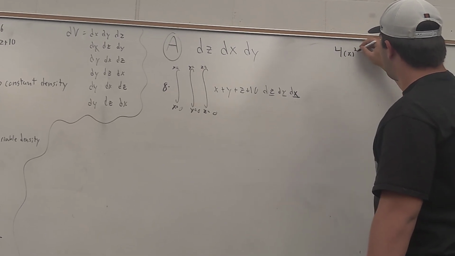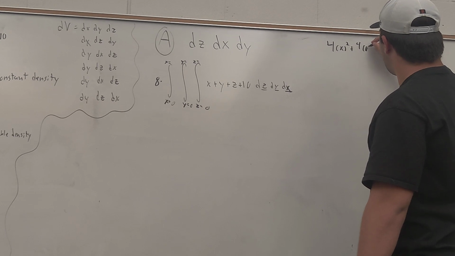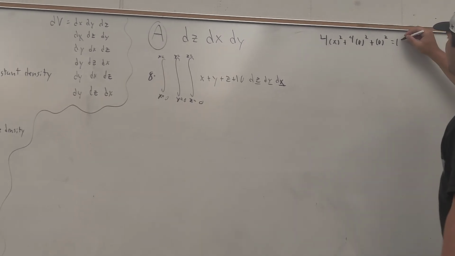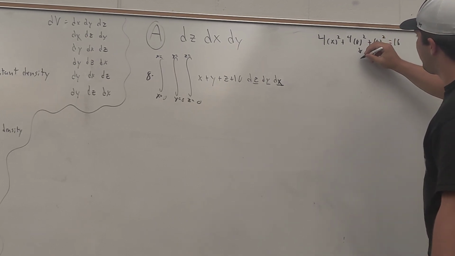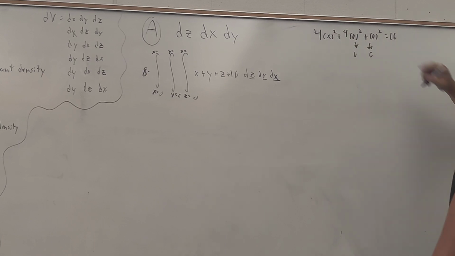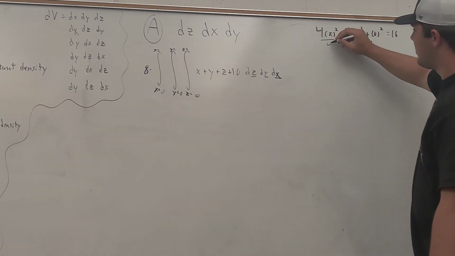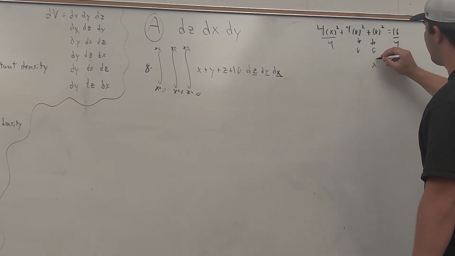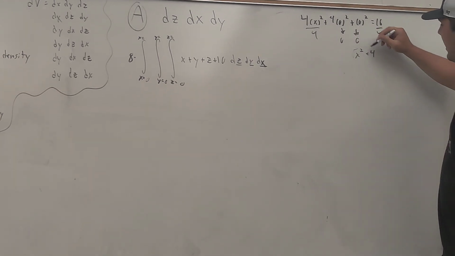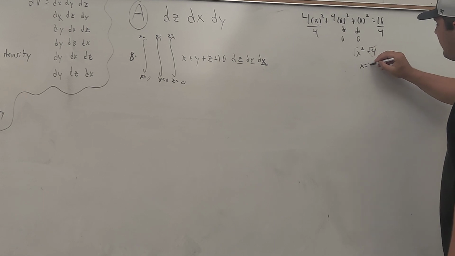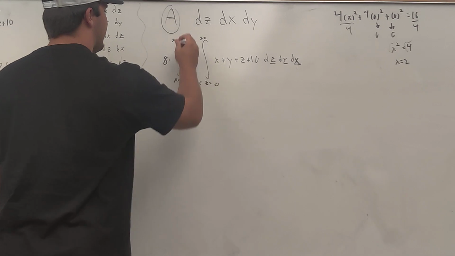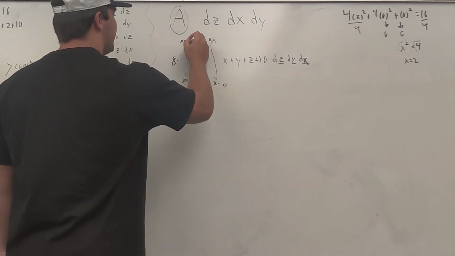So it's 4x squared plus 4 times 0 squared plus 0 squared equals 16, leaving 4x squared equals 16. Divide by 4 and x squared equals 4, so x equals 2. That's our upper limit for this x integral: x equals 0 to x equals 2.